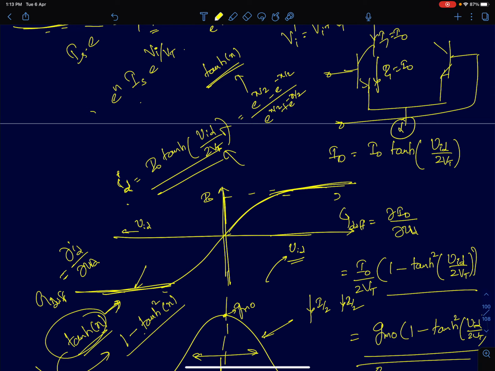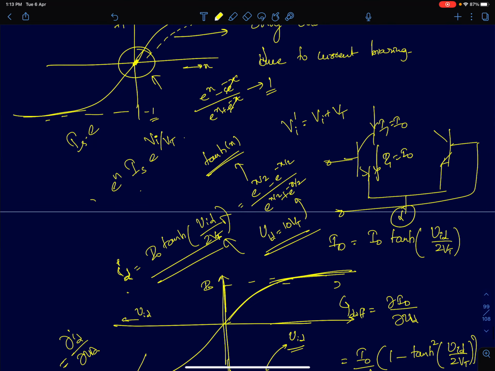You don't have to apply infinite VID. If you apply VID of a few multiples of VT, the current will fully switch. For example, if VID is 10 VT, this expression will be close to 0.99 times I naught. And that shouldn't surprise you, because we derived these results assuming an exponential characteristic of a BJT.